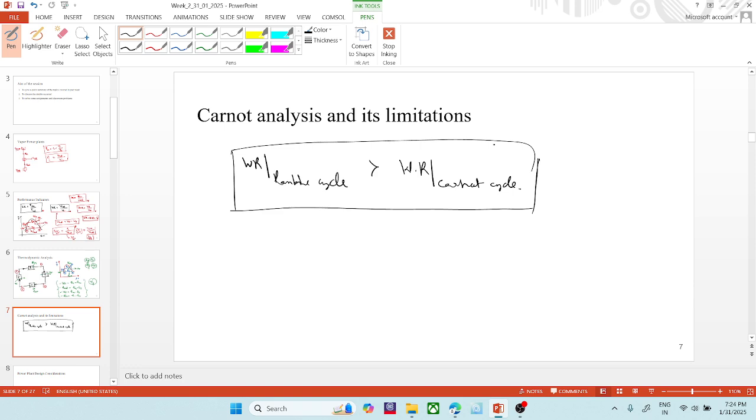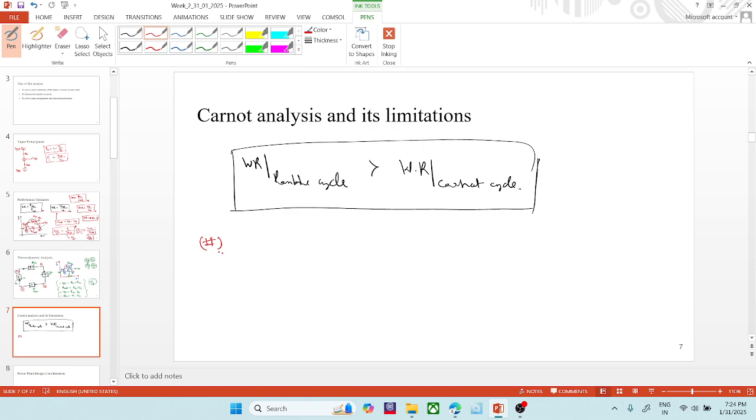Okay, so then we have learned different considerations while designing the power plant. I will not waste much time on that. Only one highlight is there.